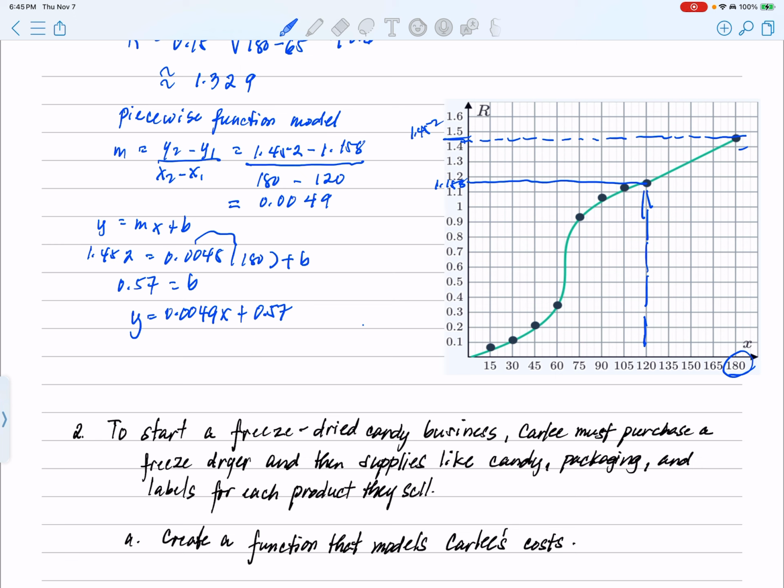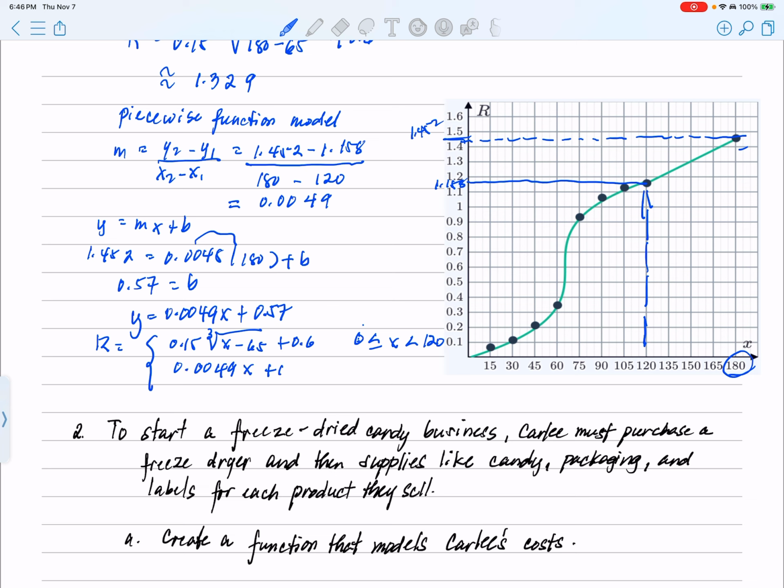So r, these are our piecewise function: 0.15 times the cube root of x minus 65 plus 0.6 for x between 0 and 120, and the other one is 0.0049x plus 0.57 for x greater than or equal to 180.